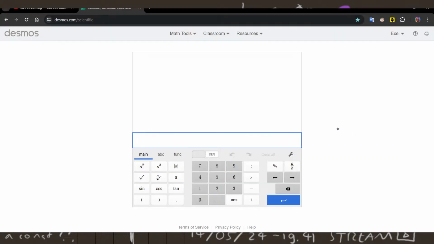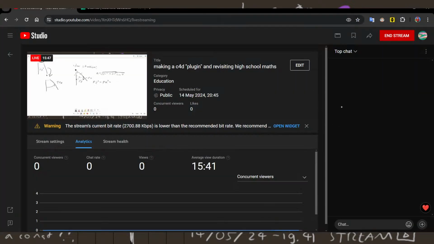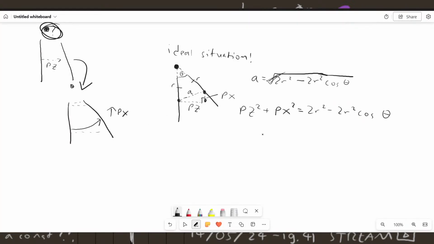I just want to make sure my string is working. Okay, so p squared, and then we can simplify this right hand side: 2r squared times 1 minus cosine theta.